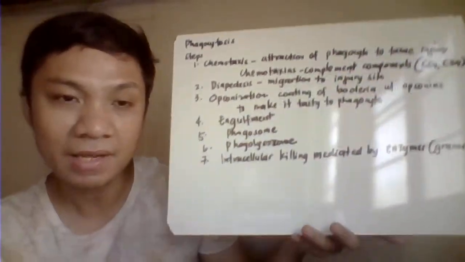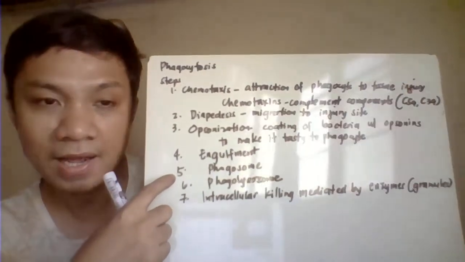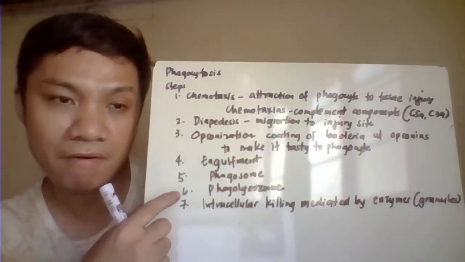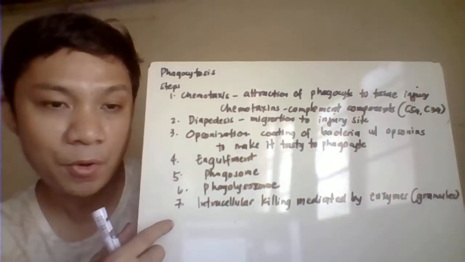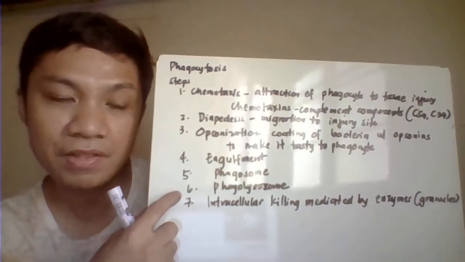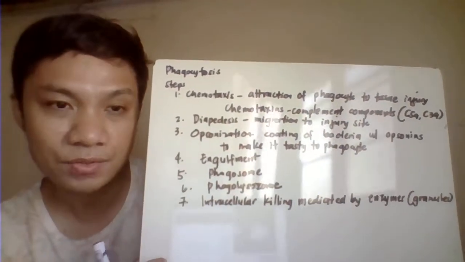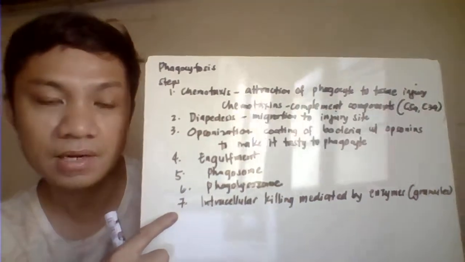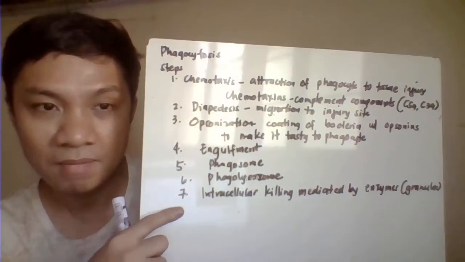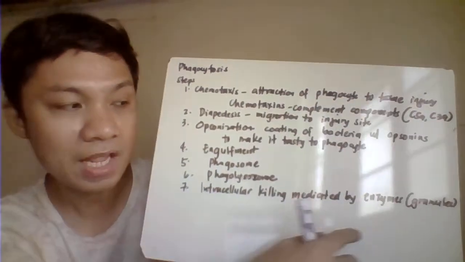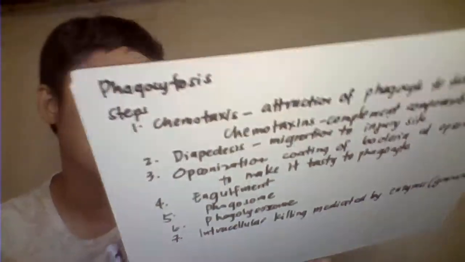Fourth, we have engulfment, where the phagocyte eats it. Then our bacteria goes into the vacuole of your phagocyte as your phagosome. Six, we have the fusion of your phagosome with the lysosome to form your phagolysosome. And lastly, we have the intracellular killing of your bacteria mediated by the granules and the enzymes present in them.